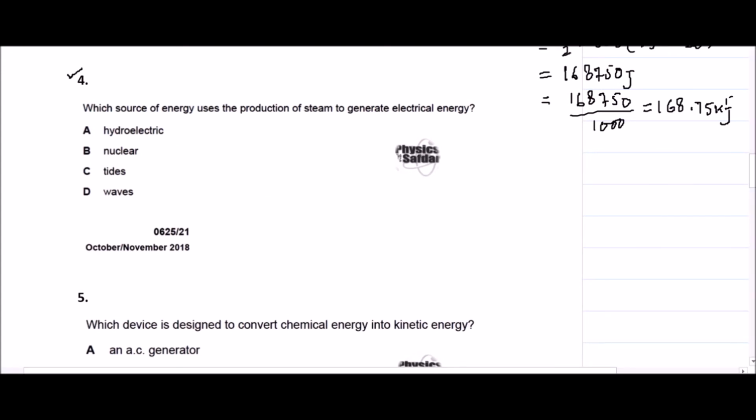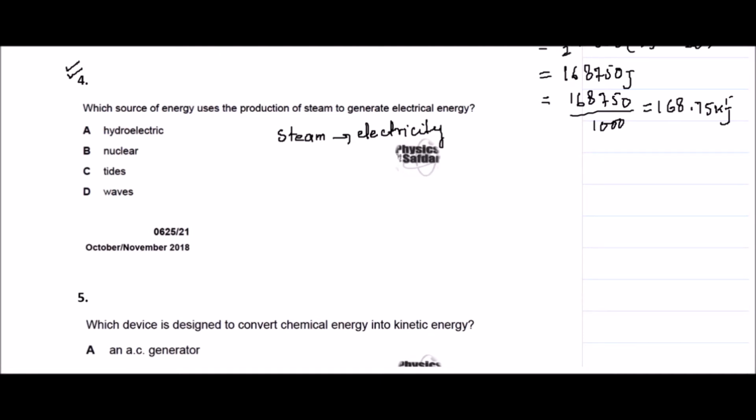Question number 4. The question is, which source of energy uses the production of steam to generate electricity? So, steam to electricity. Now look at the options one by one. First of all is hydroelectric.